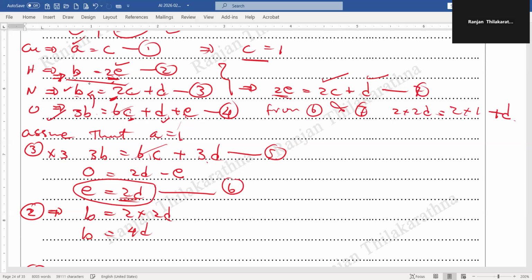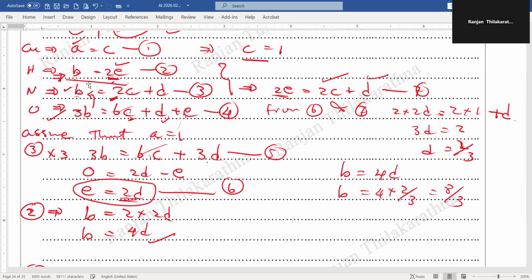Now 3D equals 2, D equals 2 over 3. D equals 2 over 3. Now B is known. How? B equals 4D. B equal 4 times 2 over 3, 8 by 3.